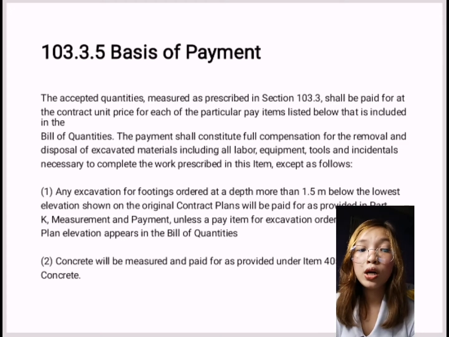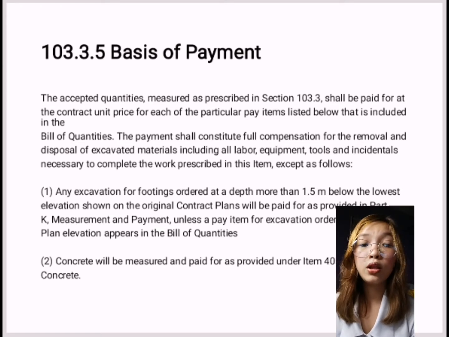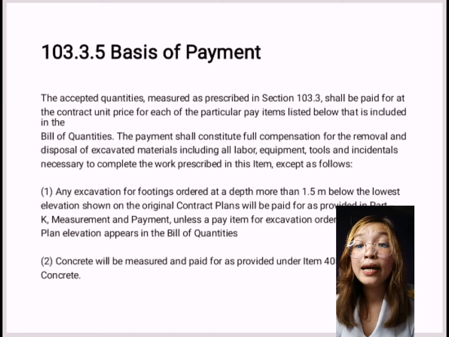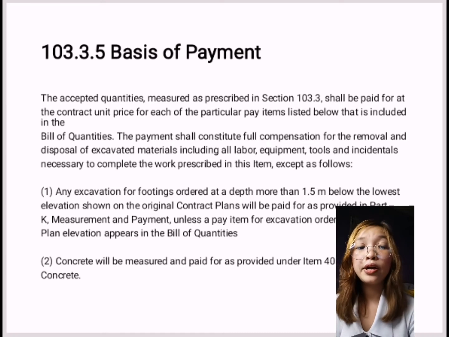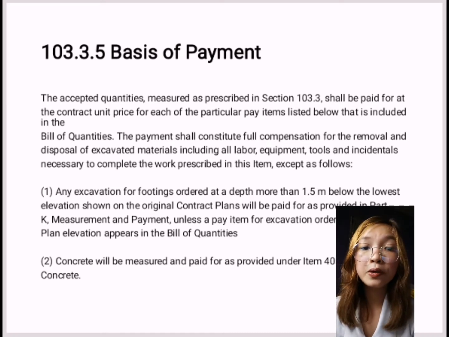So the payment shall constitute full compensation for the removal and disposal of excavated materials, including all labor, equipment, tools, and incidentals necessary to complete the work prescribed in this item, except as follows.